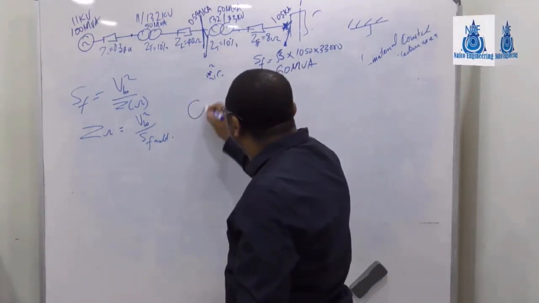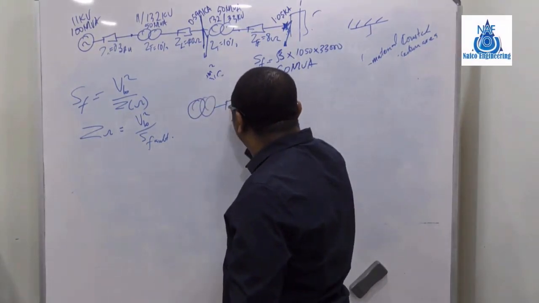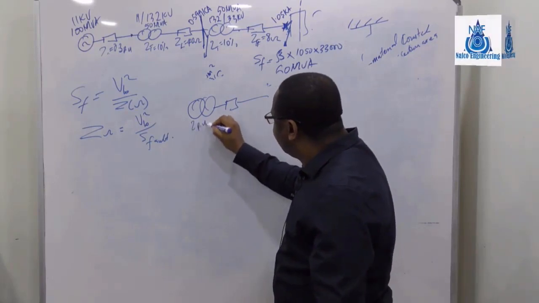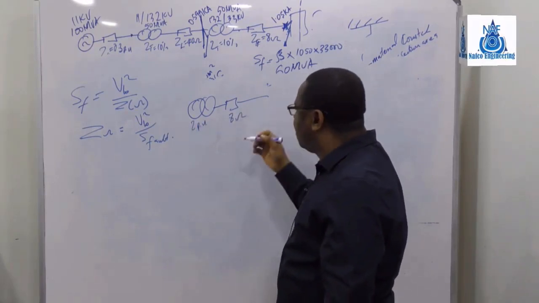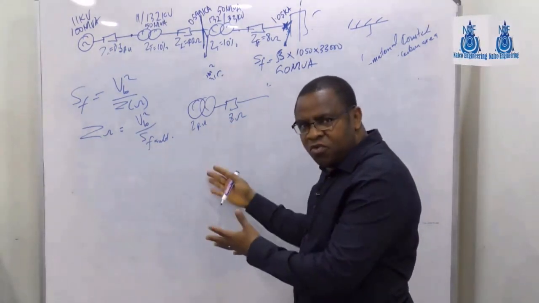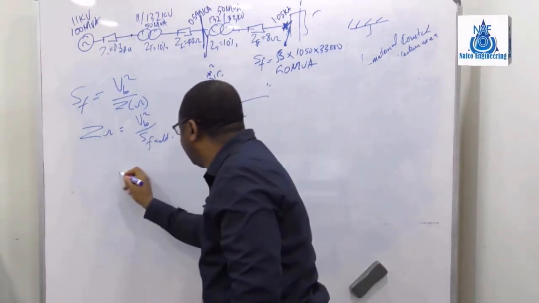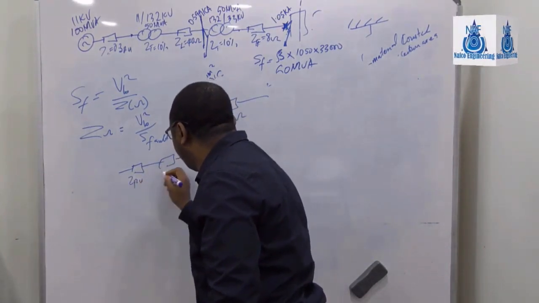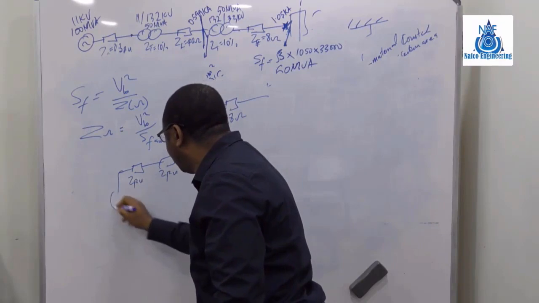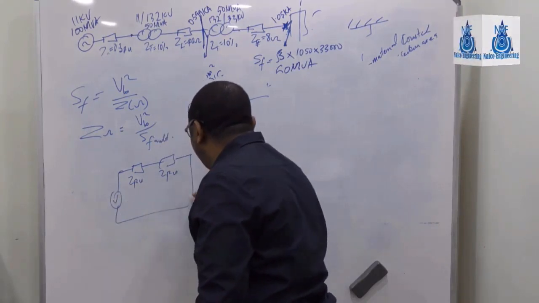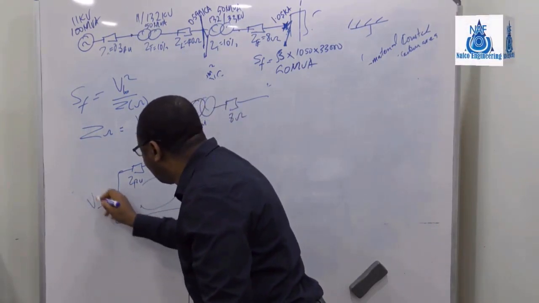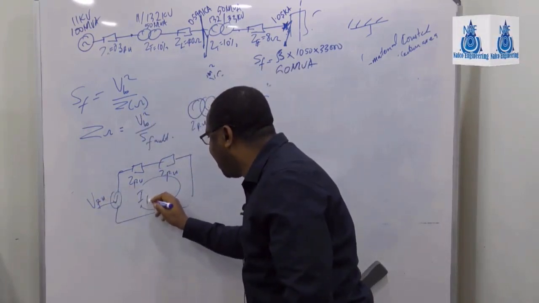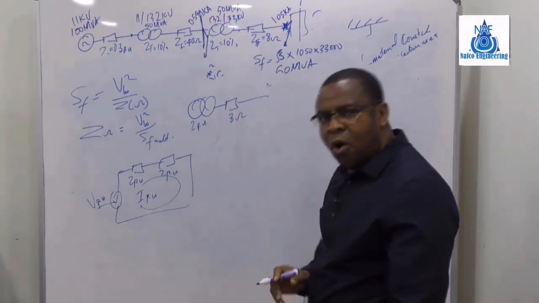When you have a transformer with this impedance, if this impedance is given to you, Z in per unit, and this in ohms, for instance, you can solve this in two ways. You can just take this as it is, Z and Z, convert this one to per unit, convert this one to per unit, and have the voltage like that, and solve, but this voltage will be in per unit. So the I you are going to get will be I in per unit.